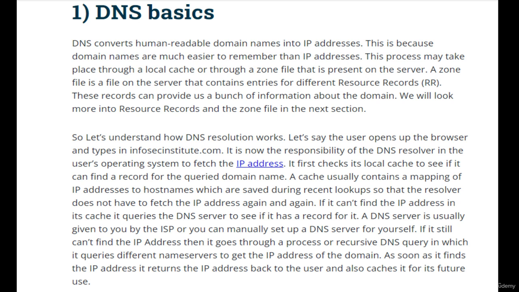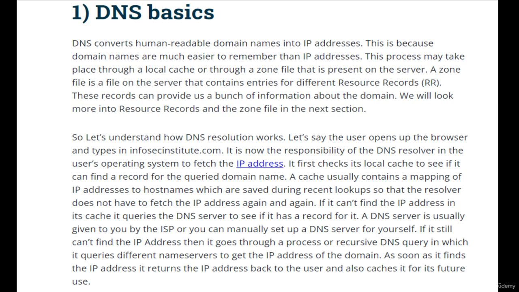It first checks its local cache to see if it can find a record for the queried domain name. A cache usually contains a mapping of IP addresses to host names which are saved during recent lookups so that the resolver does not have to fetch the IP address again and again.